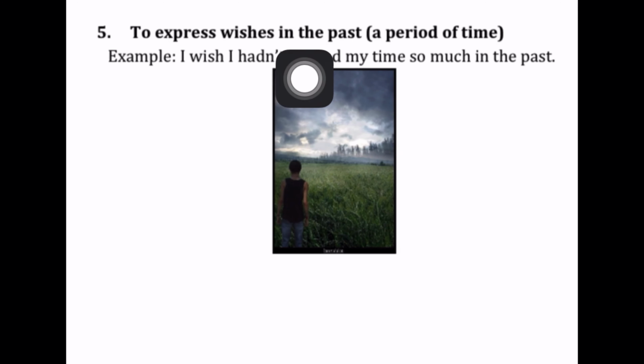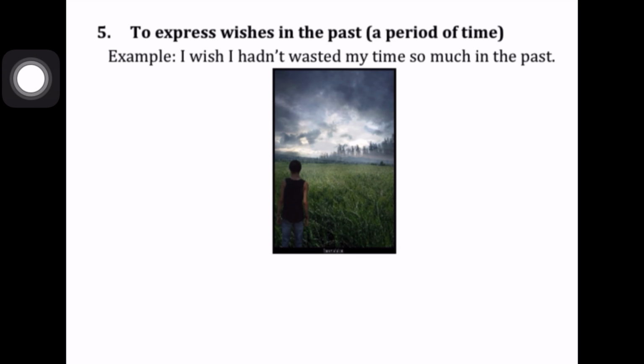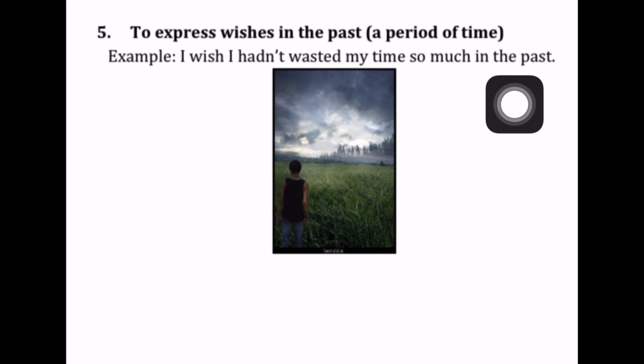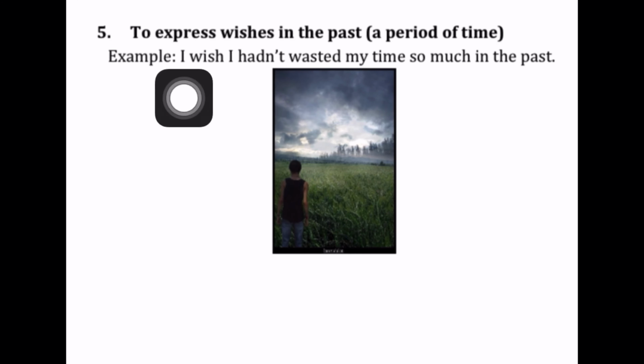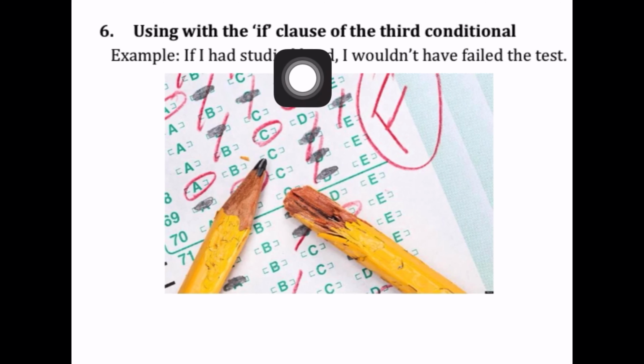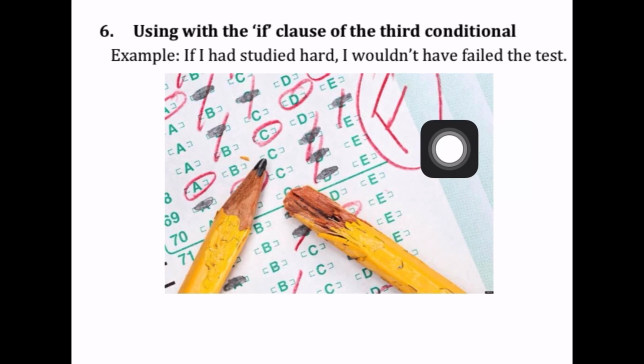To express wishes in the past. Again, it is in the past, but this time to just express wishes. For example, I wish I hadn't wasted my time so much in the past. For wishes, we normally use this tense. Use number 6, using with the if clause in the third conditional.